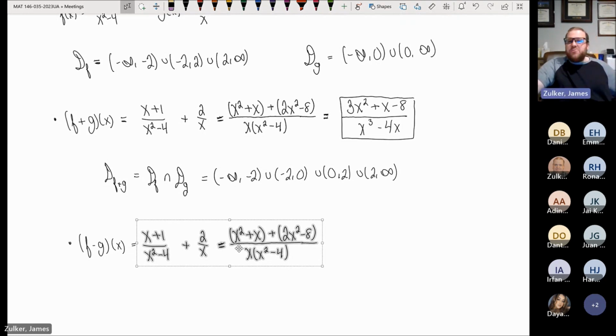Right? But it doesn't matter even if you don't, because -2 makes f of x undefined. An undefined value plus something is still undefined. Which is why we exclude it.